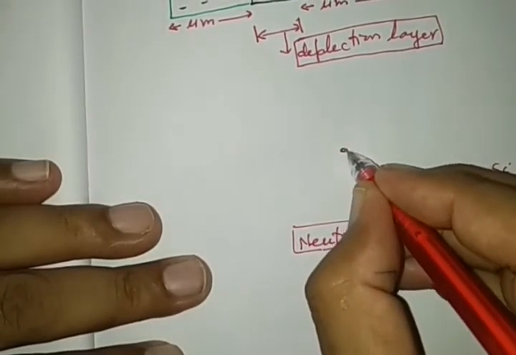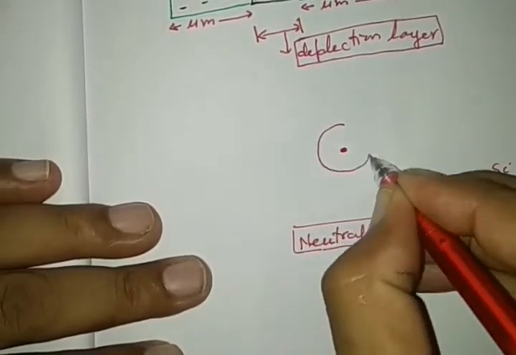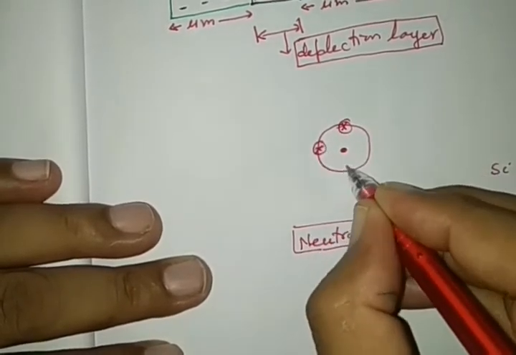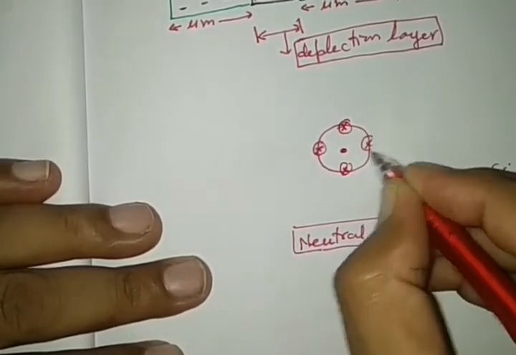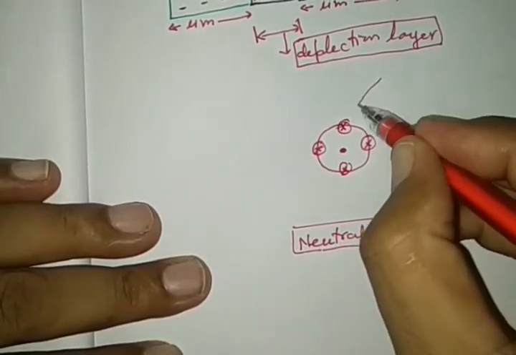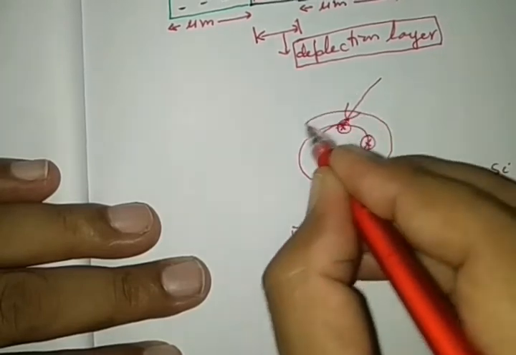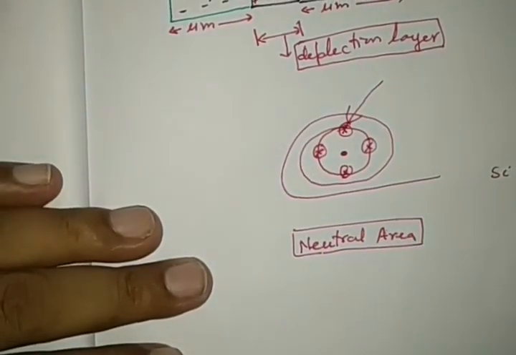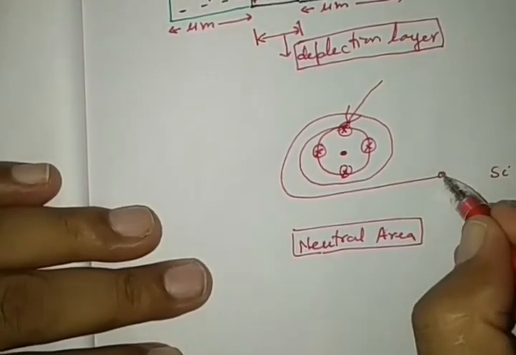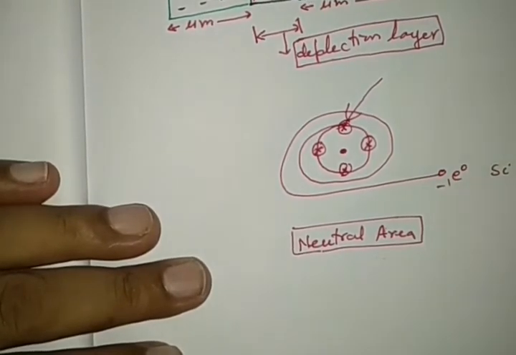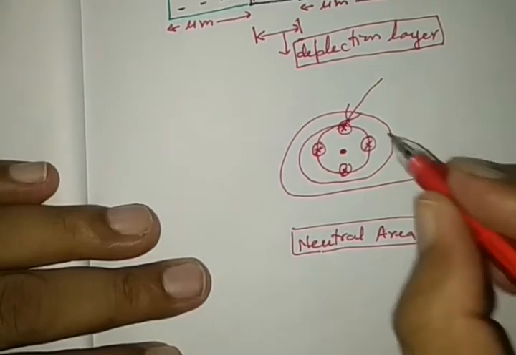In a silicon atom there is a nucleus, and around it, it is tetravalent, 4 electrons are available, right? When sun rays fall on it, these electrons dissociate.